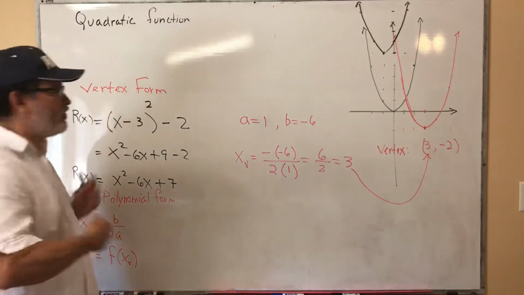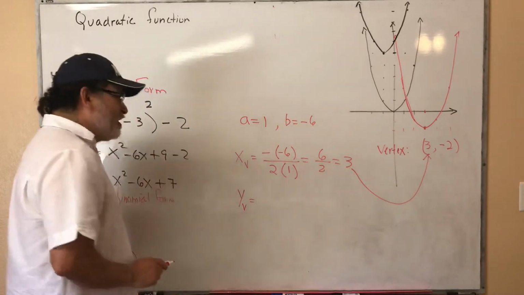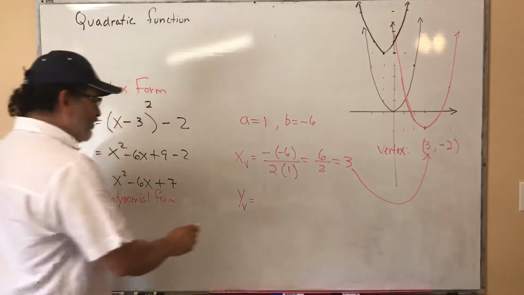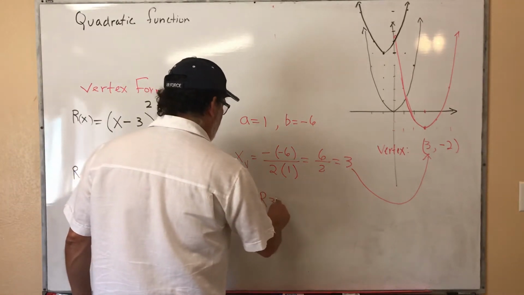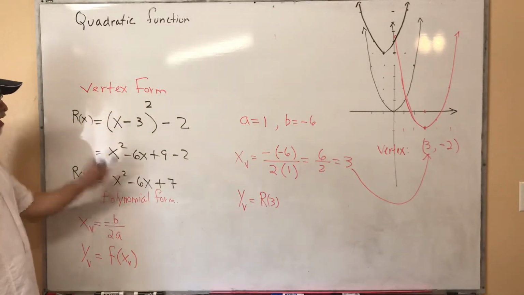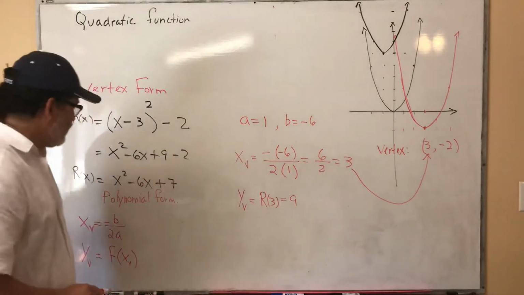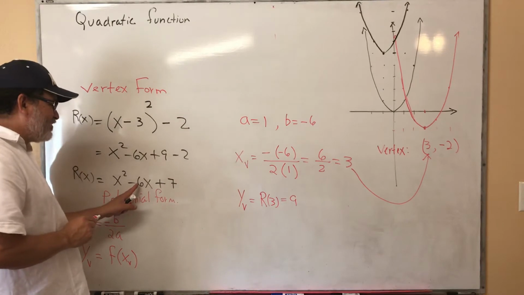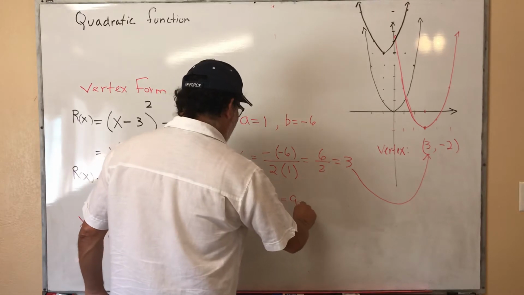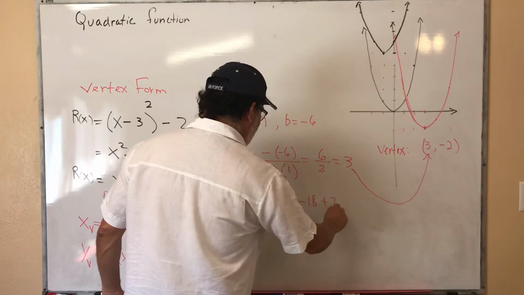What about the y-coordinate of the vertex? All I'm going to do is plug in 3 into this function. R of 3. What's 3 squared? 9. What's negative 6 times 3? Negative 18 plus 7.